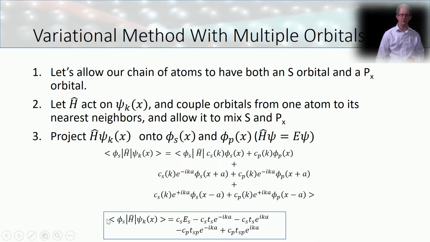We get that phi sub s acting on the Hamiltonian times our wave function gives us our coefficient c sub s times the energy of an s orbital, minus our coefficient times the transfer integral times e to the minus ika, so that's that phase factor for moving back one atom, minus c sub s, t sub s, e to the ika, so that's moving forward one atom, staying on our s orbital, minus c sub p, t sub sp, e to the minus ikx, so again, that phase factor that's moving us back one orbital, and the transfer integral that mixes the s and the px orbital from an atom and its neighbor behind it.